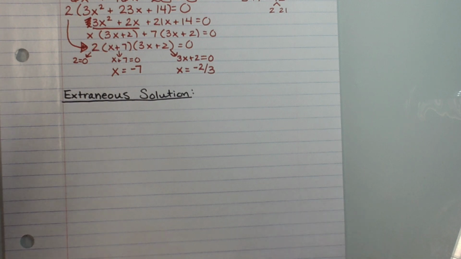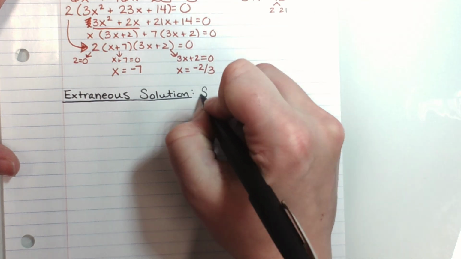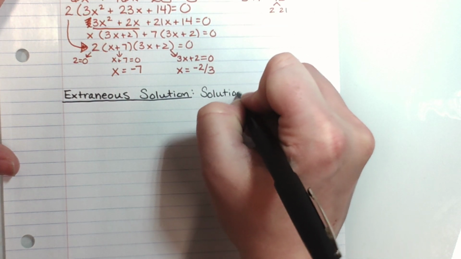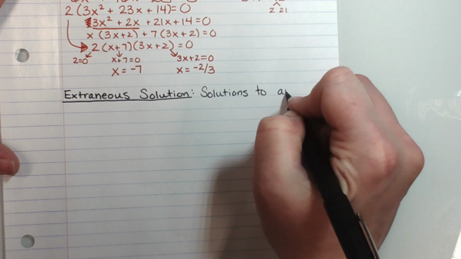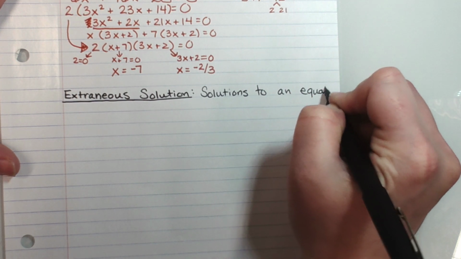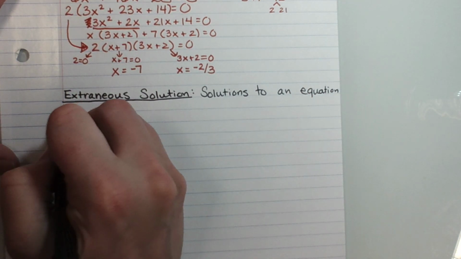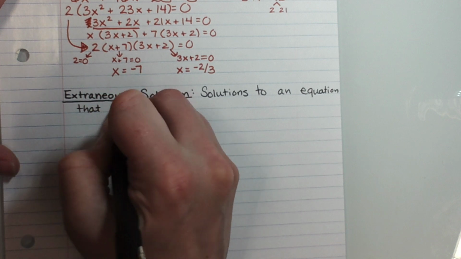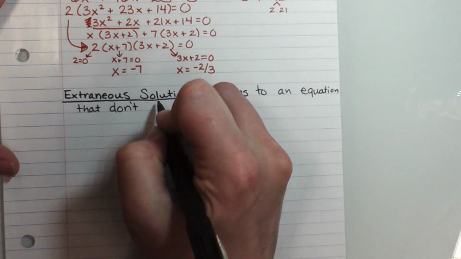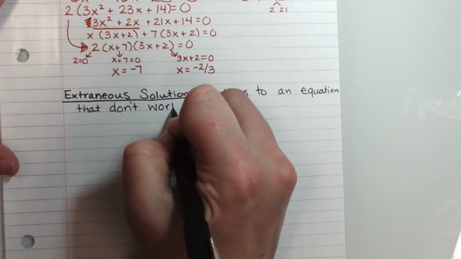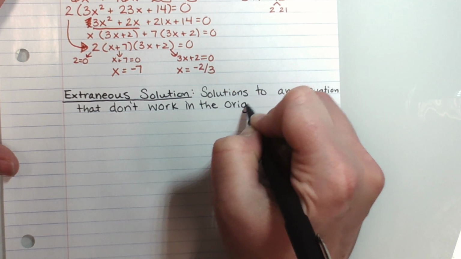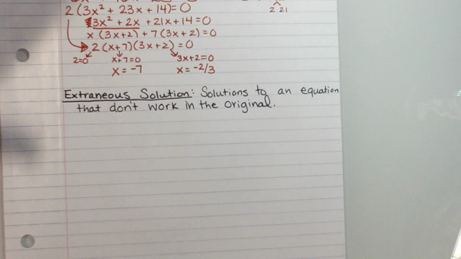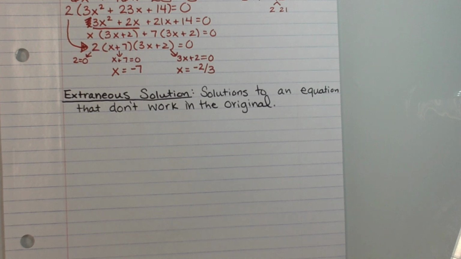And so it creates these extraneous solutions that really are solutions to the equation, but that don't work in the original. They're false answers. They're answers that don't work.